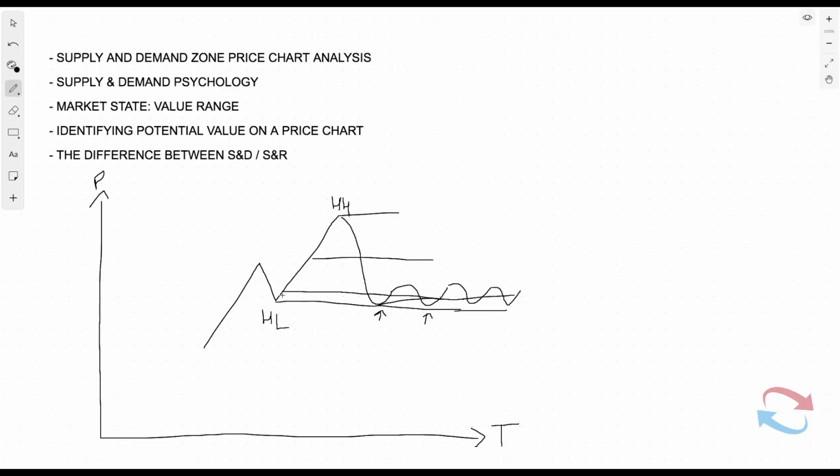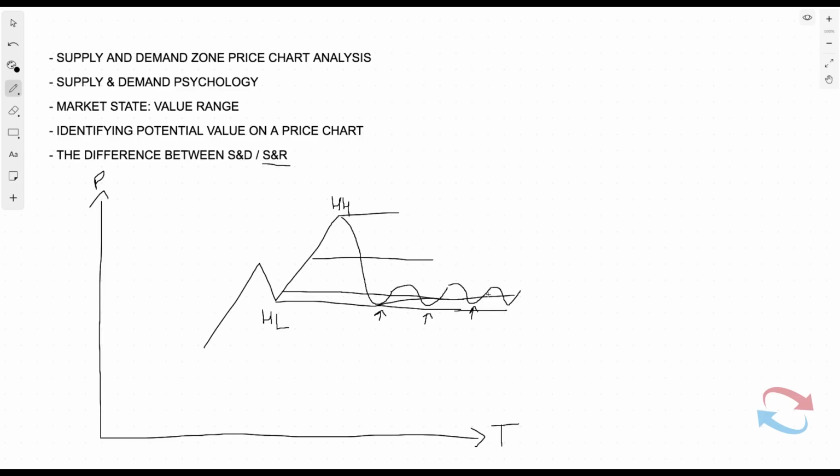So whereas supply and demand traders believe that the more touches a level has, the weaker it becomes, the support and resistance traders believe that every time it gets stronger.